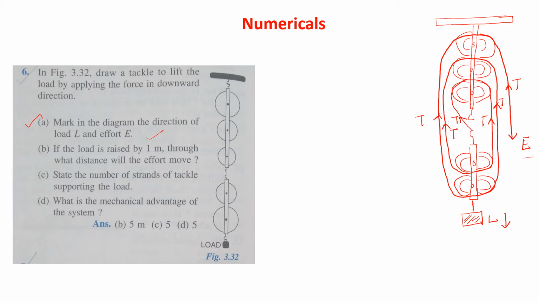Okay. Now the second question is, if the load is raised by 1 meter, through what distance will the effort move?